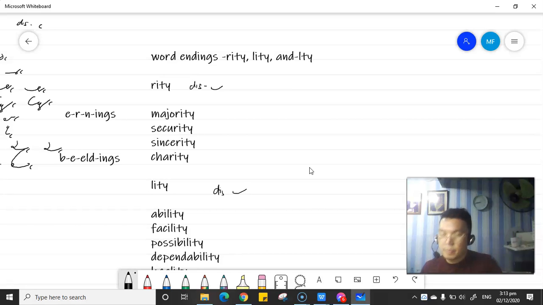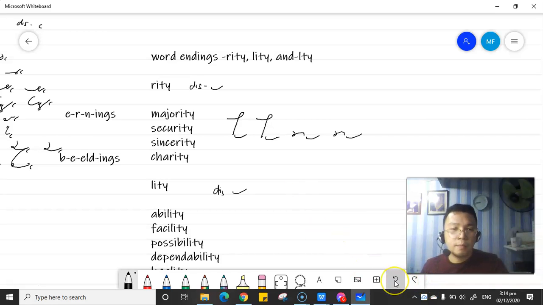Okay. Let's proceed with the word majority. MAJ, riti for majority. Security, SEK, riti. Sorry, medyo mahaba yung R ko, naging L na.